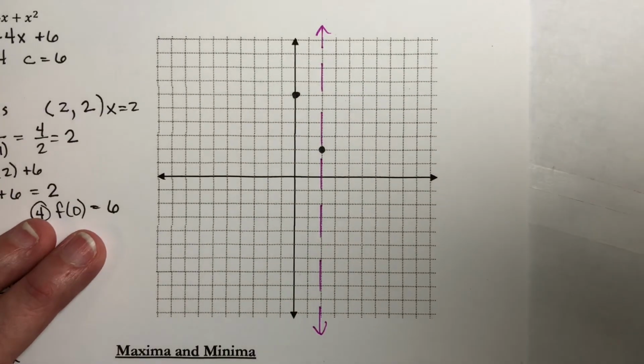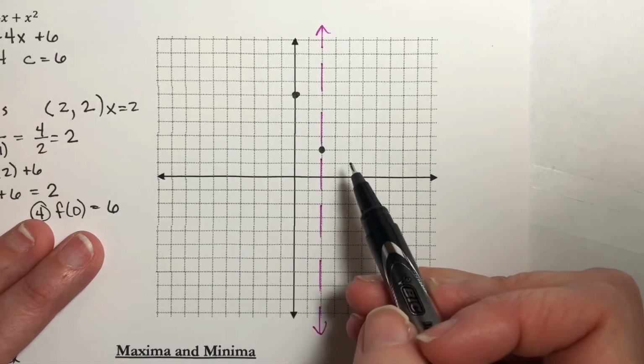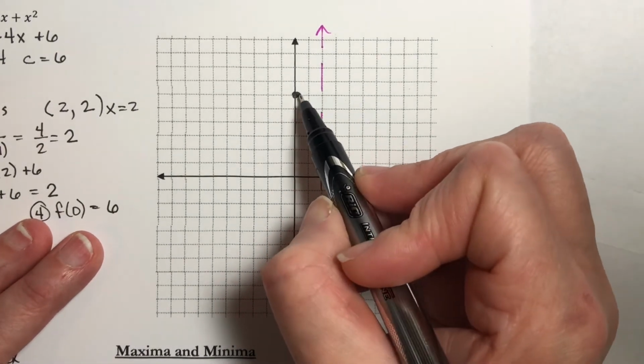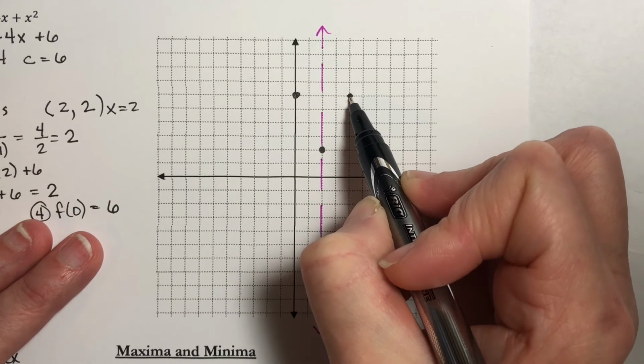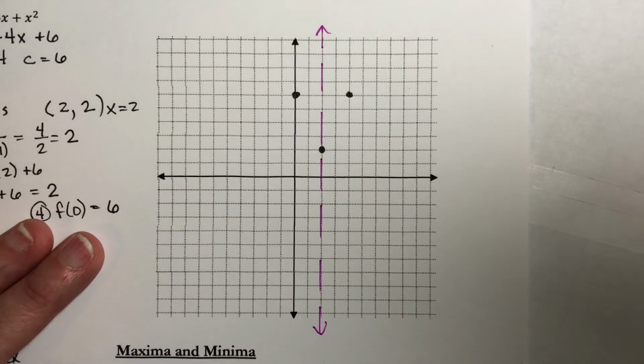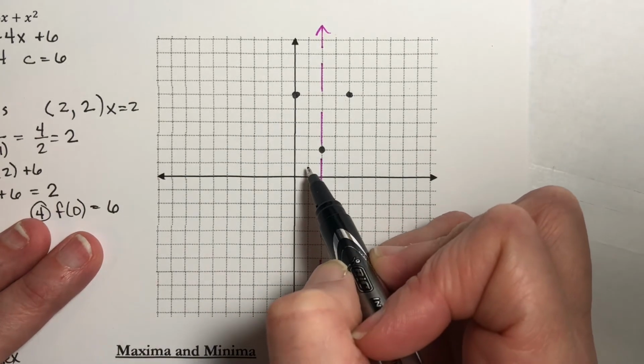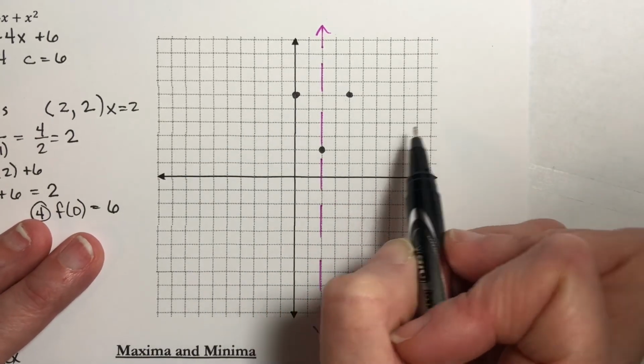Right now I have 2 points. I can use symmetry to get a third. I'm 2 units away from my axis of symmetry right here, so I'm 2 units away on this side as well. If I wanted to plot some more points, I could. I could plug in x equal 1, see what I get, x equal 3, and so on.